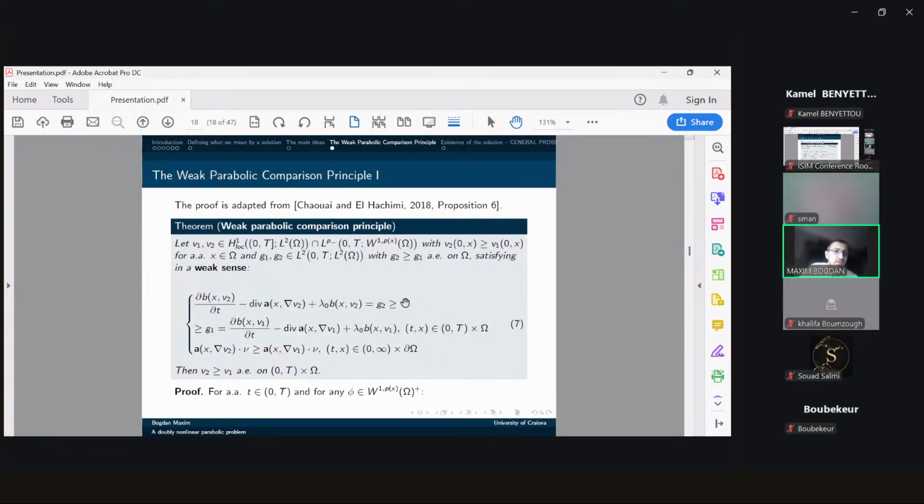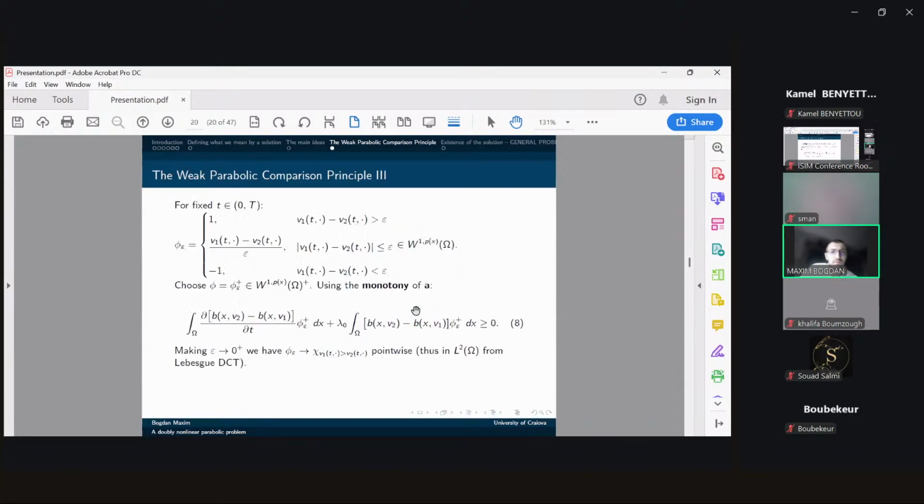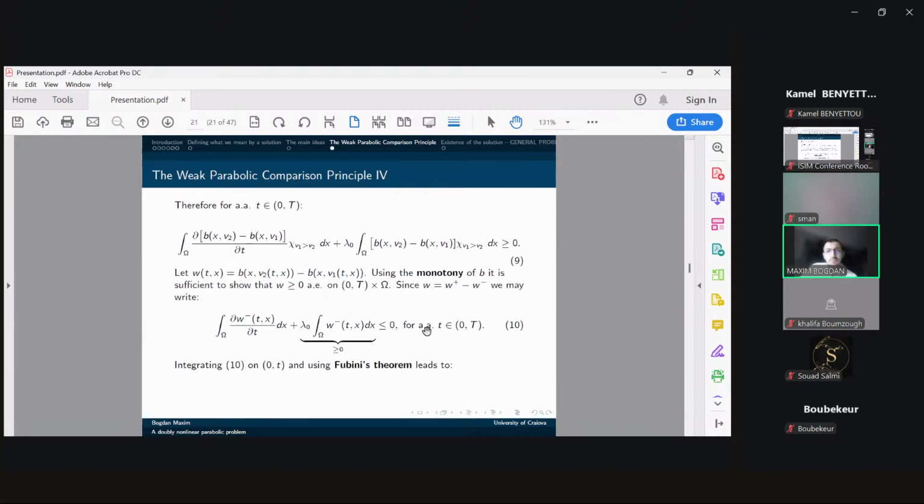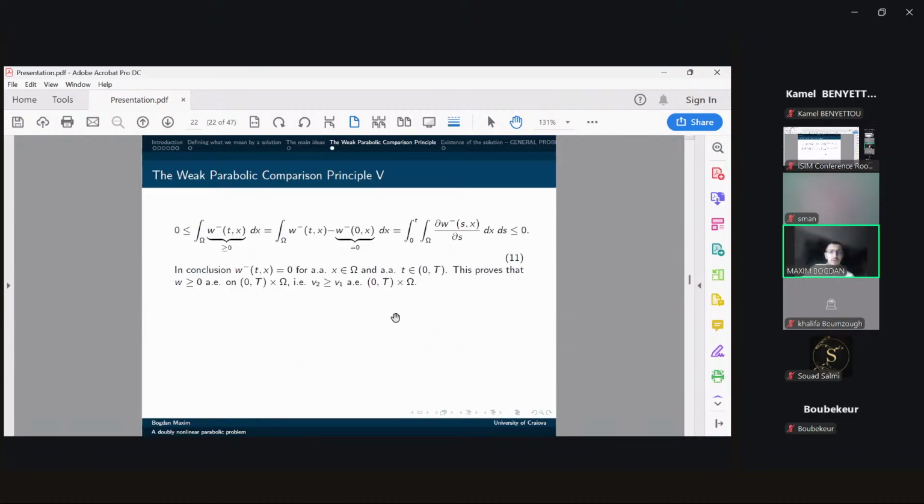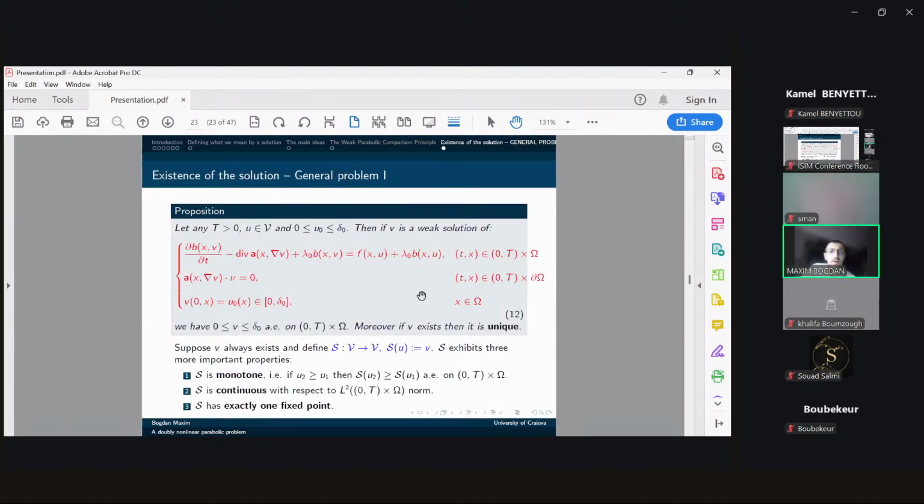To obtain this kind of result, we need a parabolic comparison principle. This is not so hard to deduce. I put a complete proof here, but there's no time for it. The operator S that connects V and U exhibits these three properties.